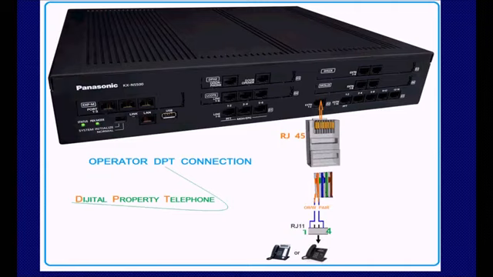For operator or digital phone connection, we will use RJ45 cable, and we'll use the orange and orange white pair for extension 101, the operator, and the green pair, green and green white, for extension 102. 101 and 102 will be connected through the orange pair and green pair, which is points 1, 2, 3, and 6 here. 1, 2, 3, and 6.